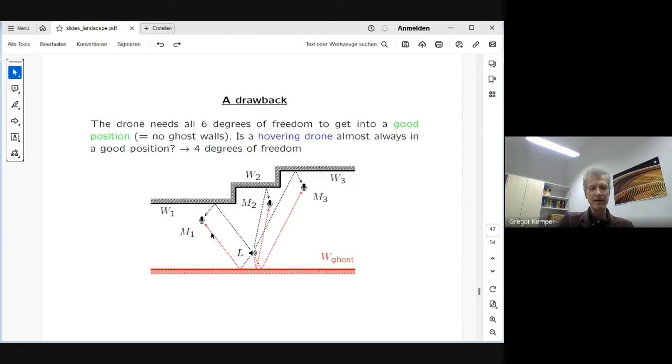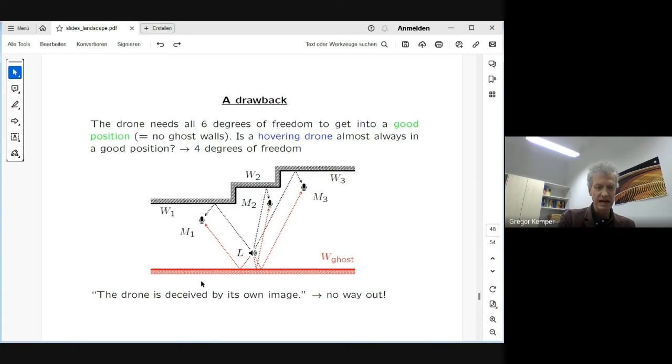So in other words, at least by an infinitesimal movement, with the 4 degrees of freedom that we now give the drone, it will never get out of this bad position. And that means we have a fundamental difference here when we restrict the degrees of freedom even further. So in this situation, you can't easily get out of a bad position, which also means that the good positions are not contained in a Zariski open dense subset.